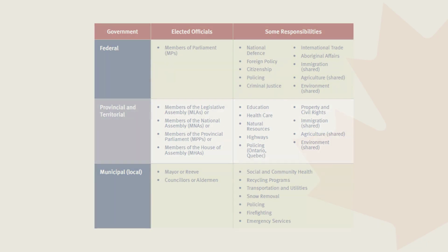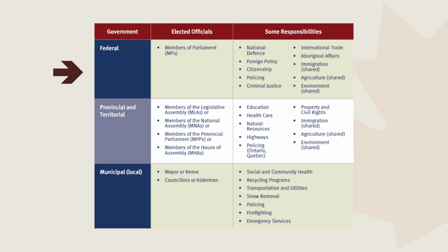On page 33 in your guide, there's a very helpful chart in the middle of the page. The chart shows the three levels of government, what we call the elected officials, and the responsibilities of each government. So let's just review that now. First, we have the federal level of government, where we elect members of parliament, or MPs for short. These MPs work for us in the House of Commons in Ottawa.